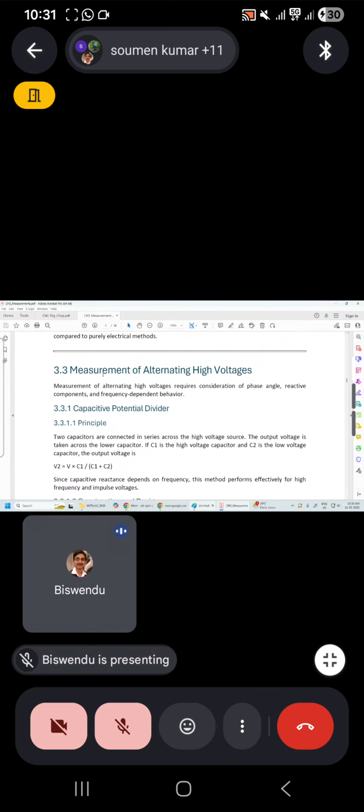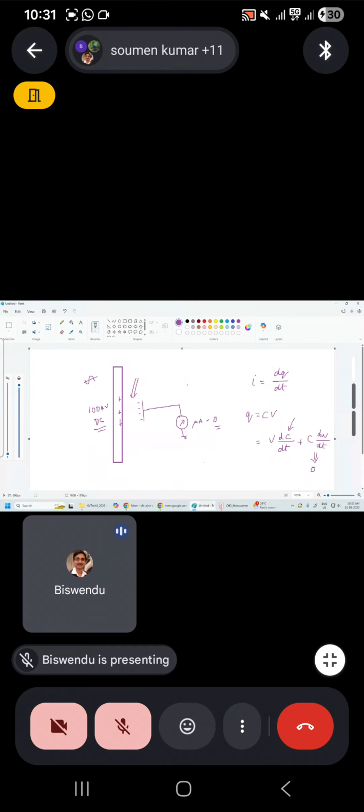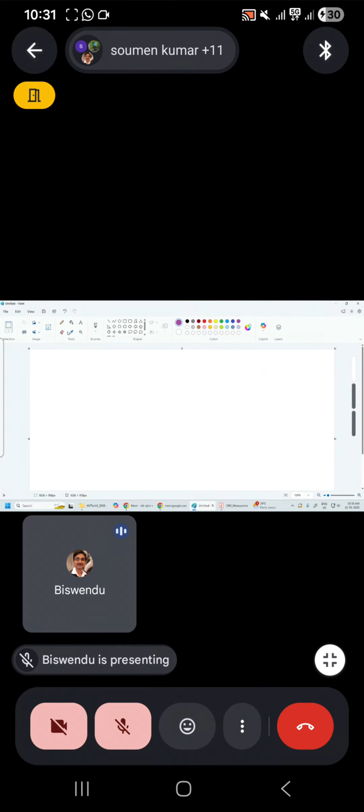Now measurement of alternating high voltage. Instead of resistance, we can use a capacitive voltage divider.